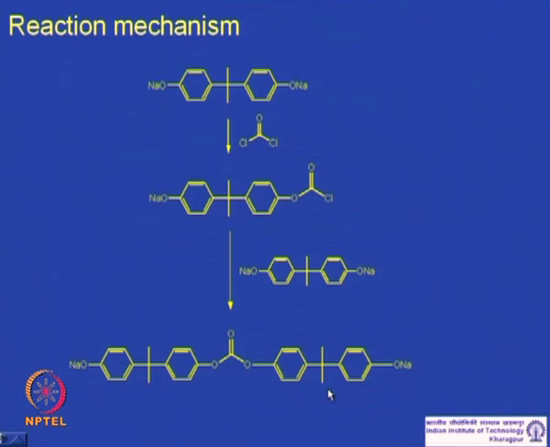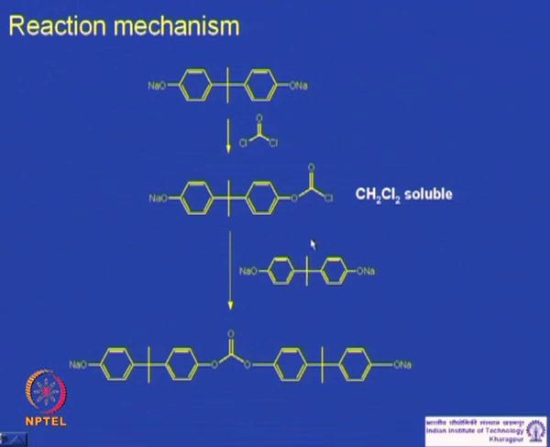Now, what is the problem here? The one thing to consider is that this is a water soluble monomer, bisphenol A in a sodium hydroxide solution, and this phosgene is pumped through the organic medium, in this case methylene chloride. So, when this is formed, this is a methylene chloride soluble species, so it will stay in the methylene chloride solution.